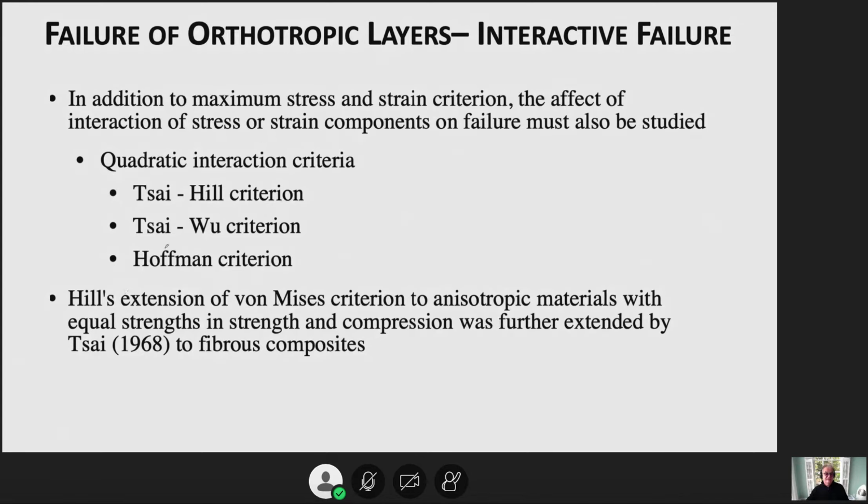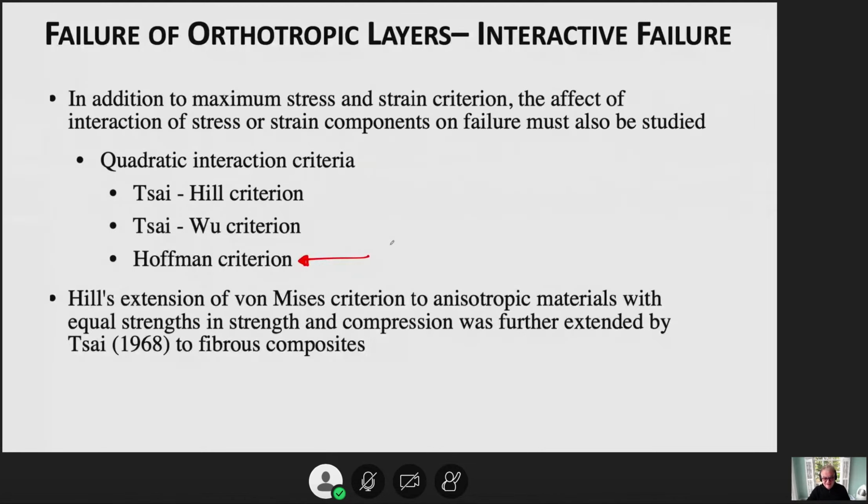Tsai-Hill is basically the extension of the von Mises, and Tsai-Wu is also an extension of the von Mises. Hoffman is literally quadratic, like the ellipse that we formed, and this is the extension of the energy density failure criteria.